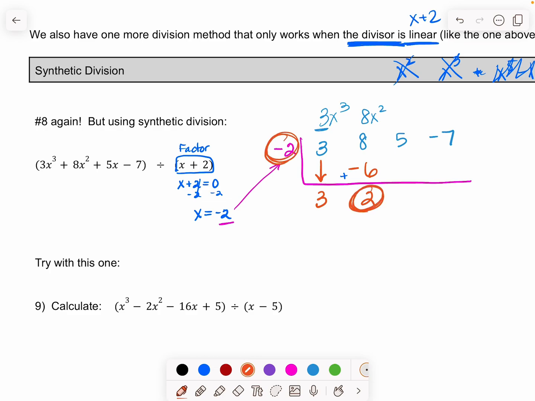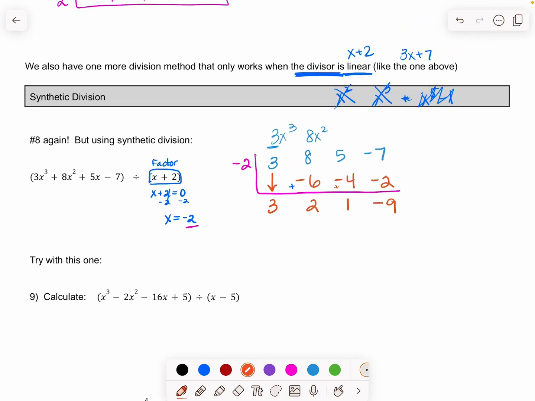2 times negative 2. You put it under the next one. It's negative 4. Then you add them up, and you keep repeating it until you run out of numbers. This is 1. Multiply the 1 and negative 2 and get negative 2. And then we end up with a negative 9 at the end.